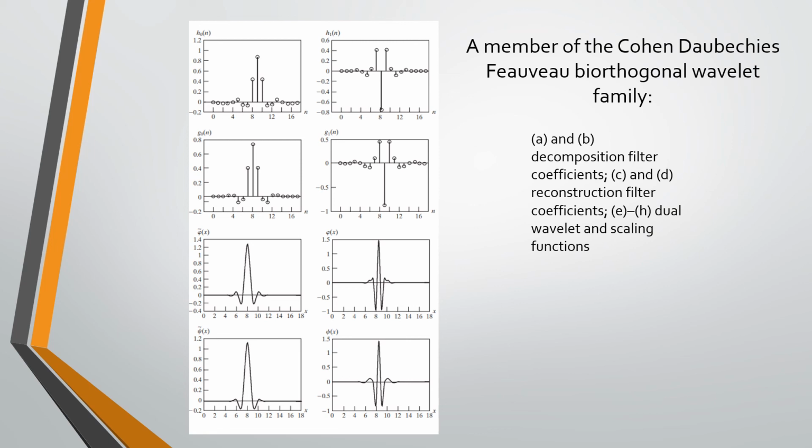The first two figures show the decomposition filter coefficients, the next two show the reconstruction filter coefficients, and the next two show the dual wavelet and scaling function, which shows the biorthogonal wavelet family.